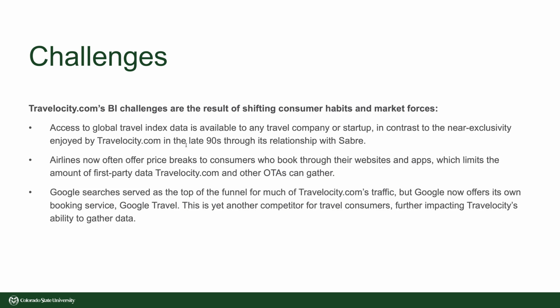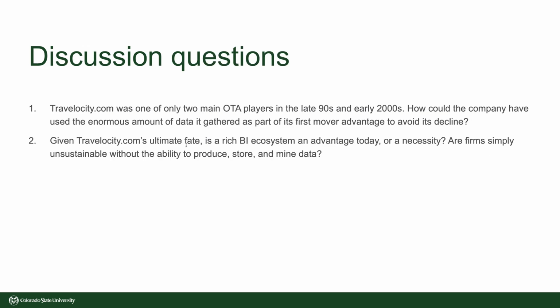All right, so that really leads into the two discussion questions. First of all, Travelocity was one of only two main OTA players in the late 90s and the early 2000s. So how could the company, hindsight being 2020, have used that enormous data that it gathered as part of its first mover advantage in order to avoid its decline, right?